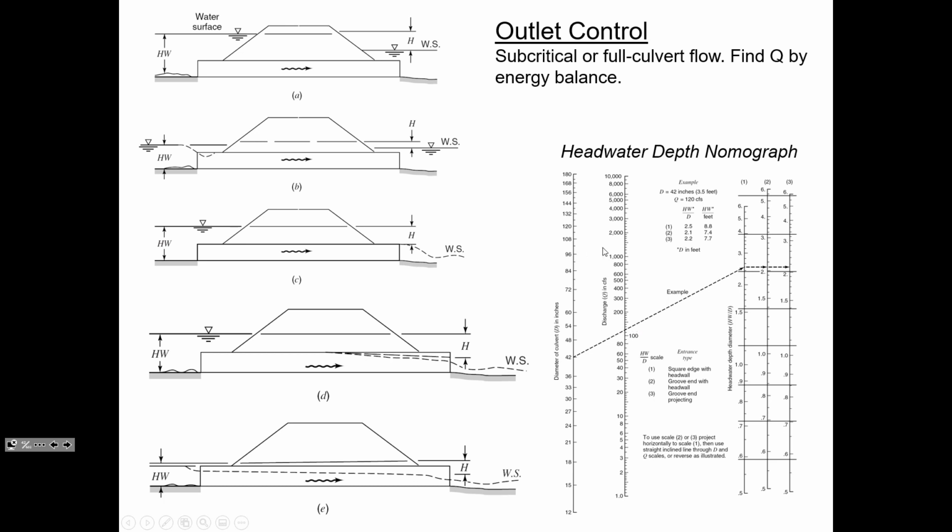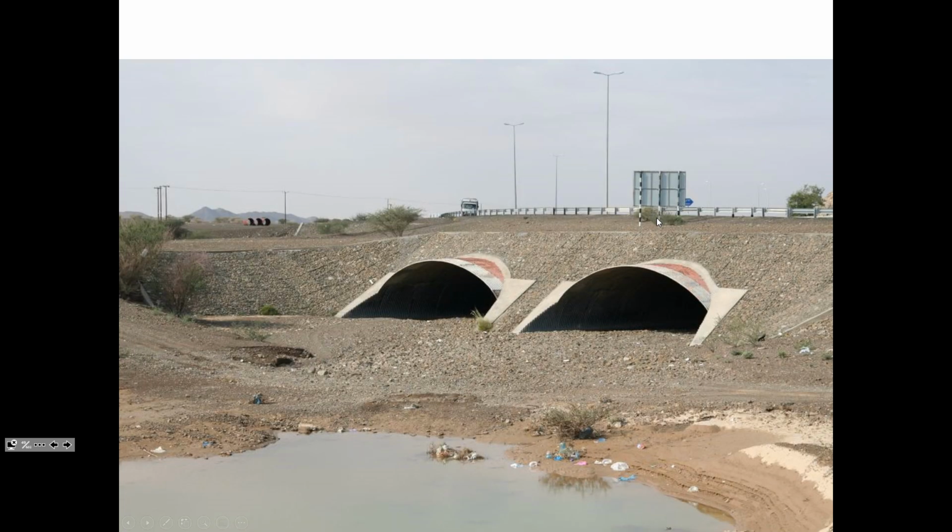Or if you knew these two, then you could find what is the resulting headwater depth. And so they were carefully calibrated plots of data that kind of in the background was doing the calculations for you. But we have more flexibility than that now with HY-8.